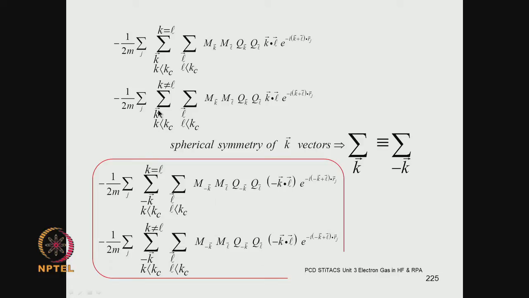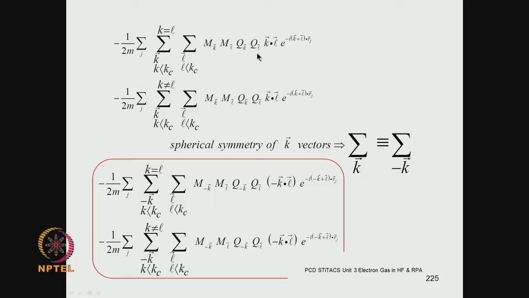Here you had m_k, you have m_minus k, which we know is the same as m_k because m_k does not change. But then you have q_k going to q_minus k, and that is q_k dagger as we know. We will use that in the subsequent step.